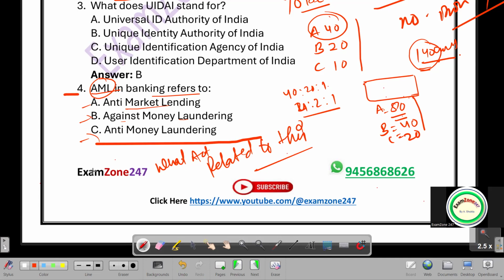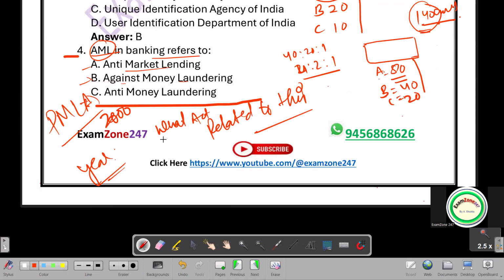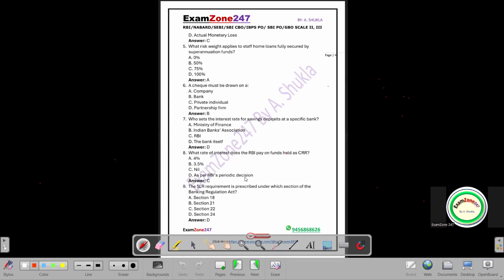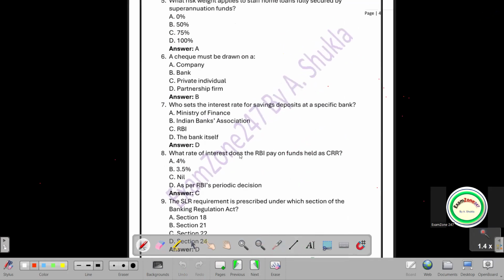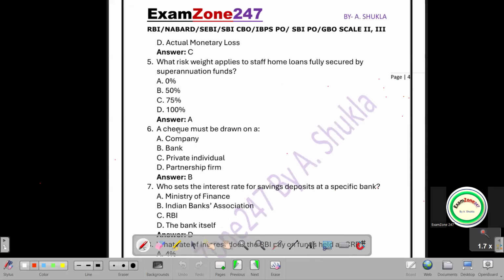Kindly quote the name of the act and the year in which it was formed. Pawan, very good. It is the Prevention of Money Laundering Act, 2002. Sometimes you know the things, but they will ask very small things. They will ask the year, you need to know.